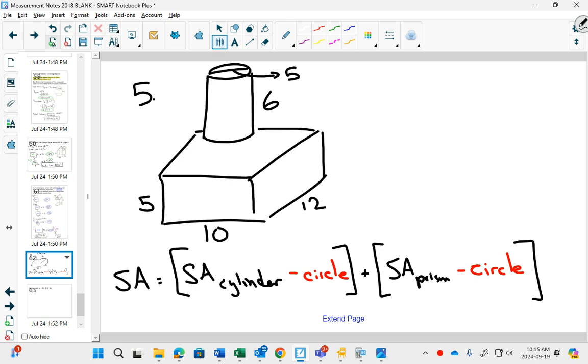So in red, I'm writing down what has to get taken away, because if you painted the whole object and then broke it apart, there would be parts that aren't painted. There's a part that's not painted on your prism, and there's a part that's not painted on your cylinder.